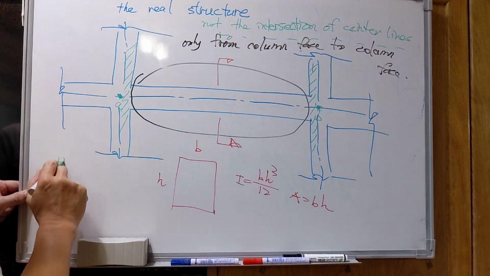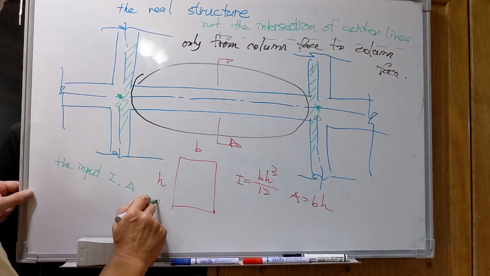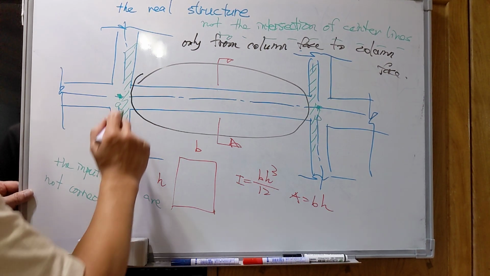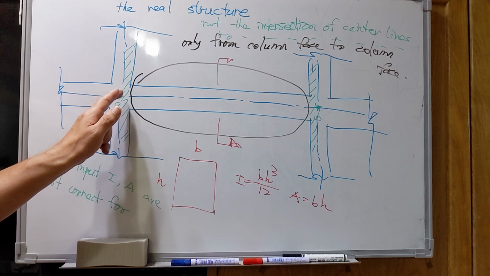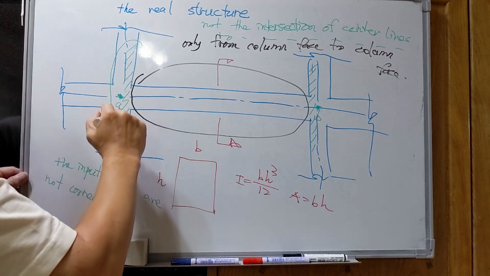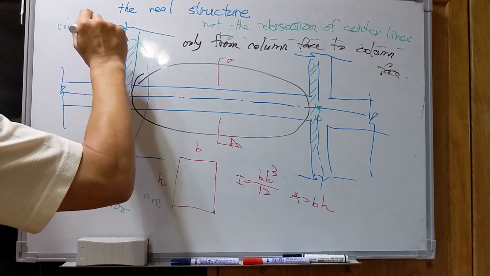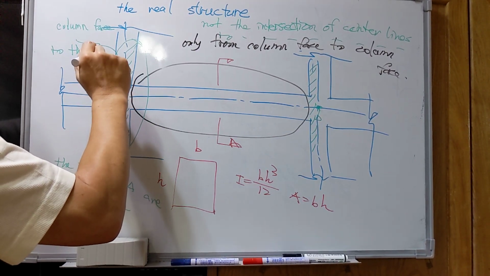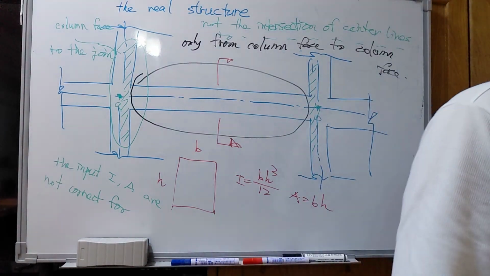Okay, so the input I and A, from the column face to the joint, to the nodal points, that's the part where the sectional area is actually not correct.